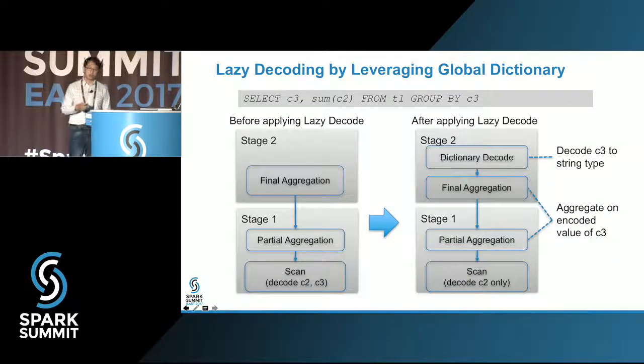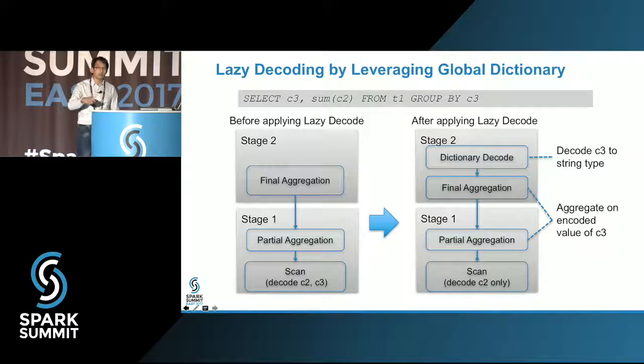The next technique is what we call lazy decoding. By doing this, we can reduce the amount of data in shuffling and accelerate aggregation. Take, for example, this query: a group by on C3 and a sum on C2. Before applying this technique, in the original plan, you can see there's a scan that decodes both C2 and C3, and then a partial aggregation and a final aggregation in stage 2.